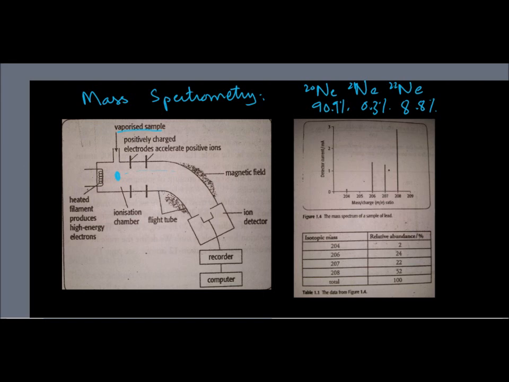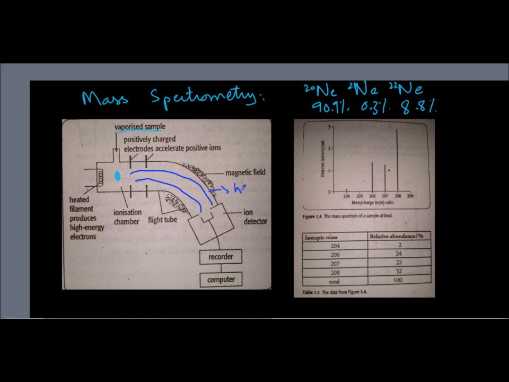Let me pick a better color. This is a darker color. So what will happen is that some of the isotopes will take this longer route and some will take this shorter route. Okay? And then you have a recorder here, a computer here, which records how fast these things are hitting your detector. Okay? So the things that take the longer route, they have to be heavier, right?